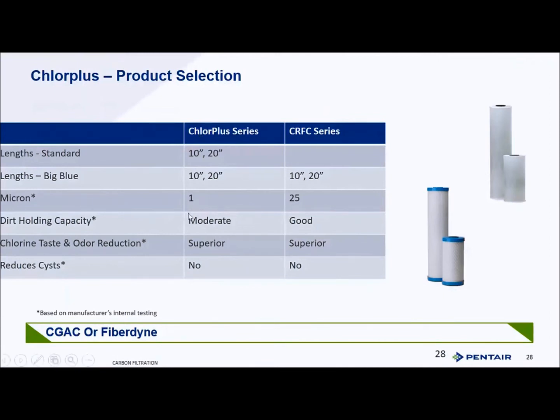Now, the Chlor Plus filter, this is a 1 micron rated Fiberdyne block. Much better dirt holding capability here, but both have superior taste and odor reduction here. This is not a cyst rated block though for the Chlor Plus, but it's going to do a bulk of your removal on this. So if we're thinking about getting value for the dollar here, this is where Fiberdyne comes in versus Chlor Plus.